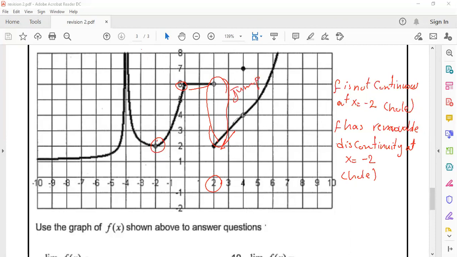So the function has a non-removable discontinuity at a jump. By the same way, at x equal -4, is the function continuous or not continuous? As you see, it has unbounded behavior. So in this case, the function is discontinuous. What is the type of discontinuity? Non-removable. An unbounded behavior, which means a vertical asymptote, so non-removable discontinuity.